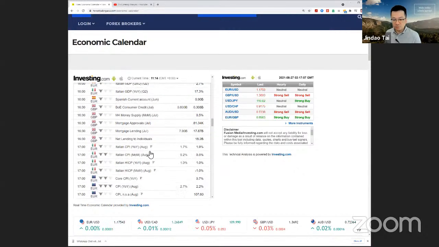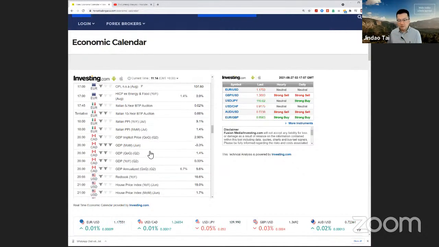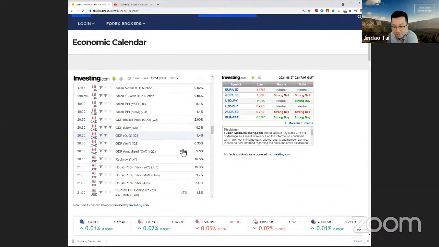But as I scroll through, what you'll notice is we only have the CAD GDP towards Tuesday next week, and CAD GDP on a quarter to quarter is looking at a 1.4% from previous, a minus 0.3% from previous month. I think that we might actually see a stabilization of the CAD GDP number here. So probably going to see a bit of a resumption of trend for CAD.